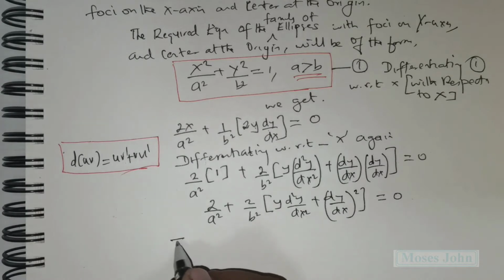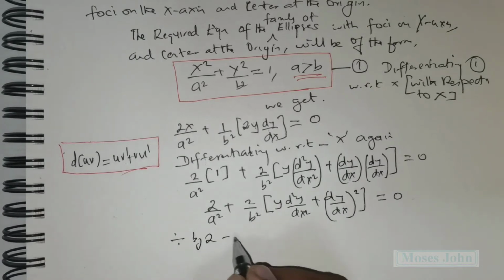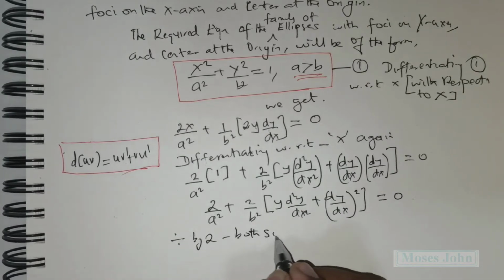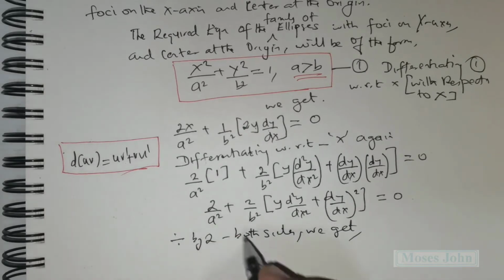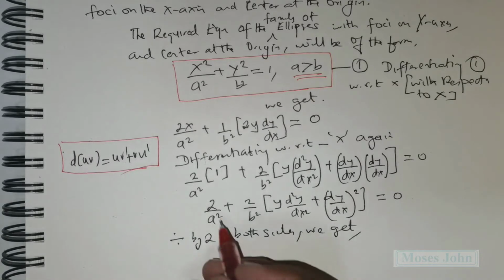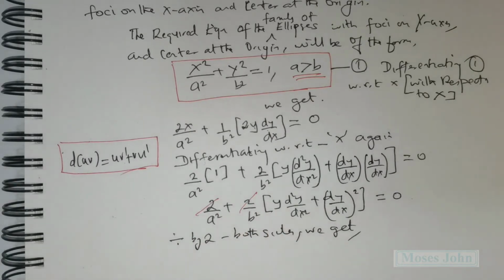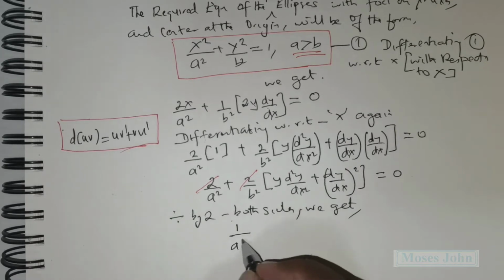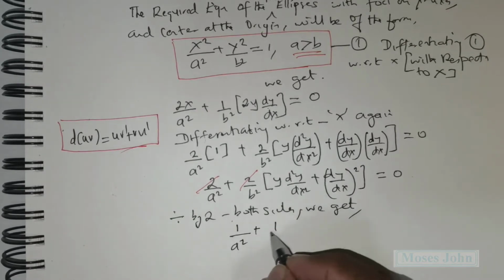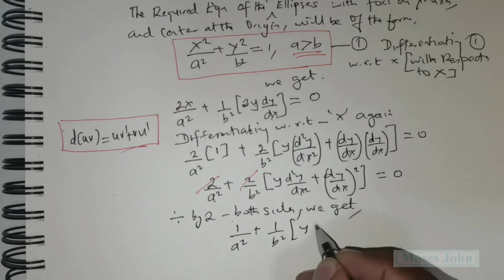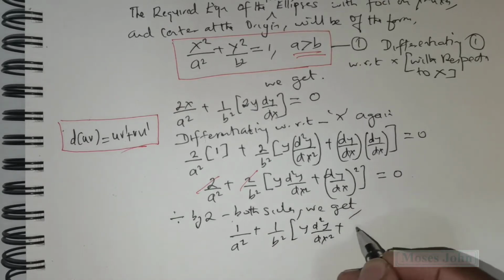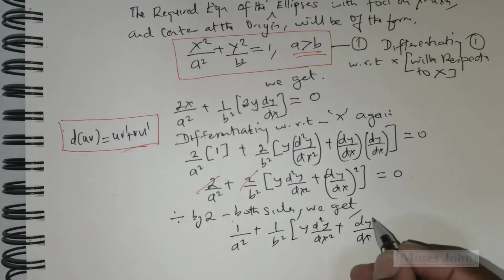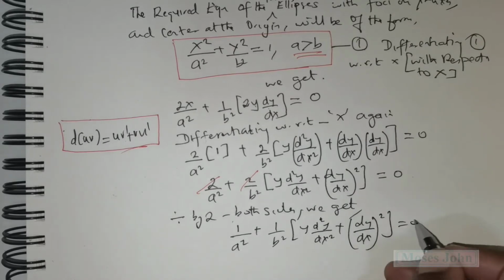Now dividing by 2 both sides, the 2's vanish, and that would give you 1 over a squared plus 1 over b squared times y times d squared y over dx squared plus dy over dx raised to the power 2 is equal to 0.